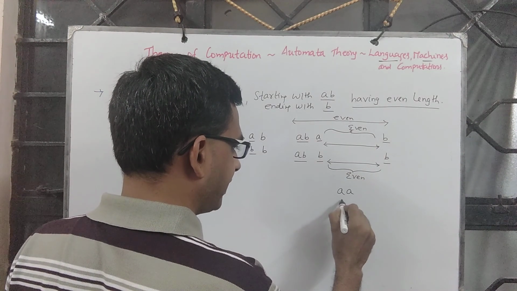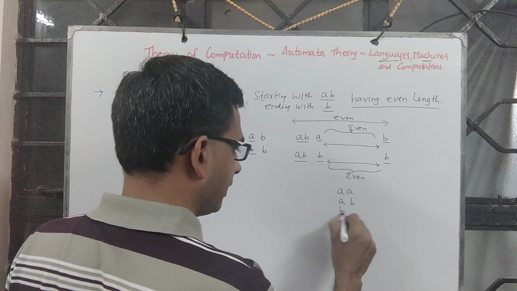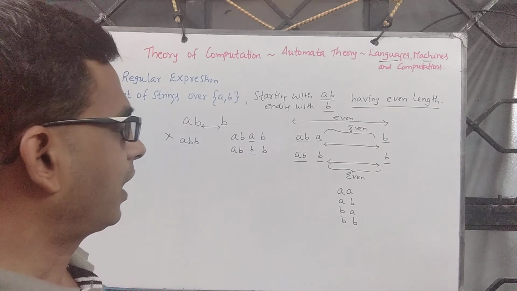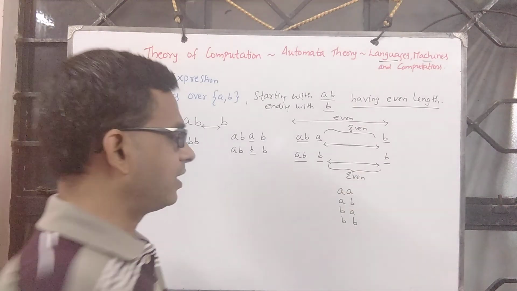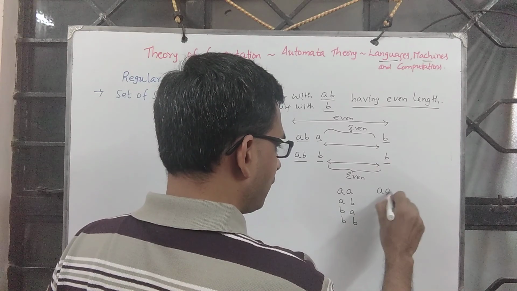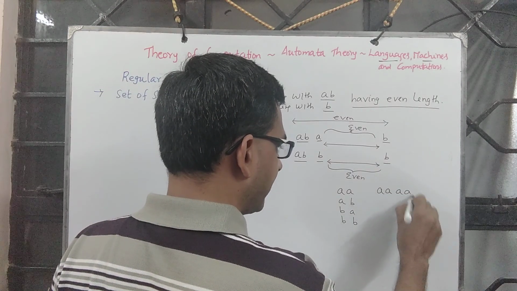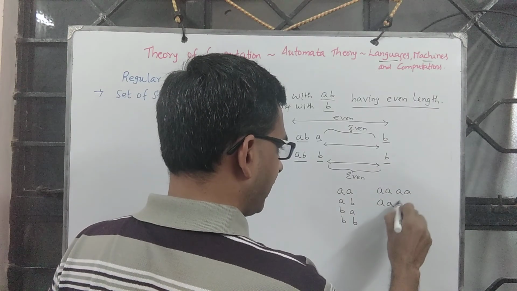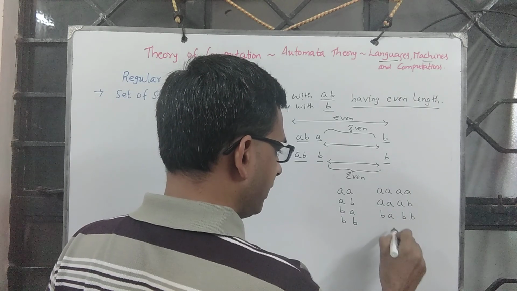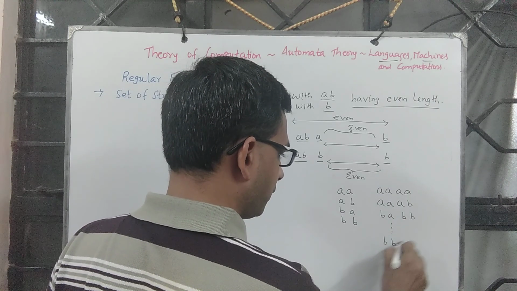Possible values are AA, AB, BA, BB. And after that, the next even length is 4. That will be 4 A's, or maybe AA followed by AB, or BA followed by BB. Like that it goes on.